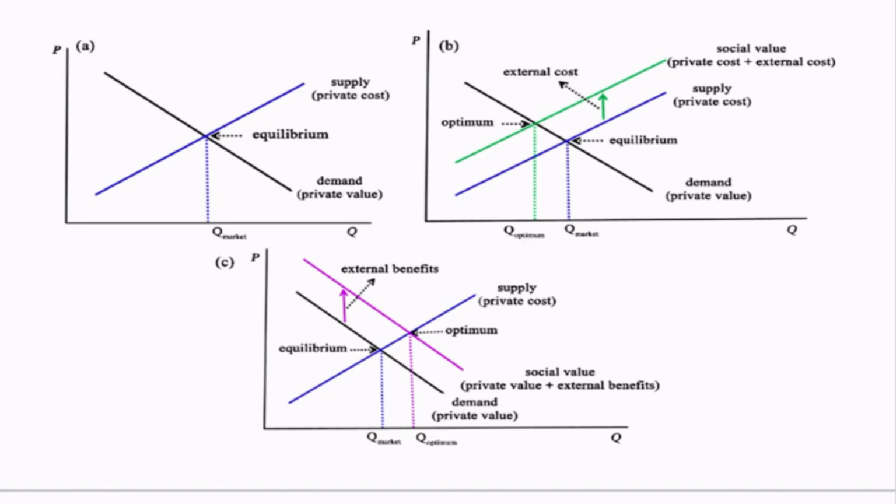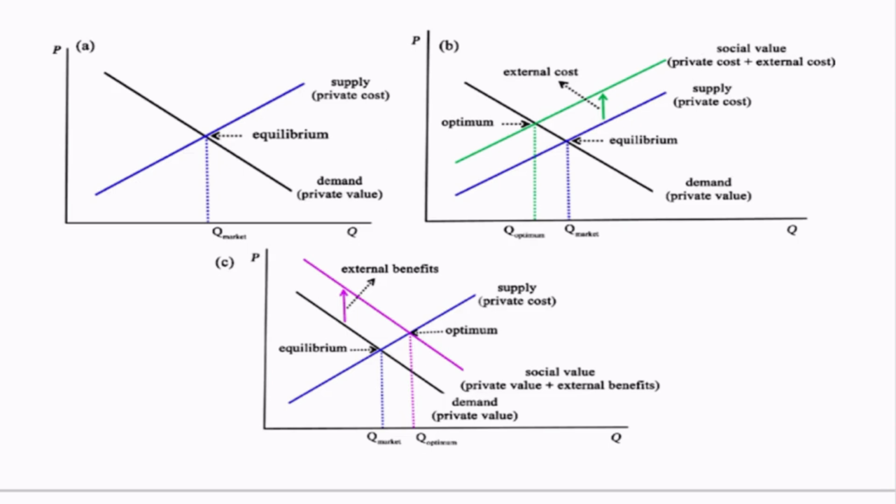If you want a better outcome by considering the positive externality of vaccination, then we need to incentivize the production and make sure the demand curve shifts upwards. When you see the demand curve, marked in red, shifting upwards, that gives us the social benefit, which is the private benefit plus the external benefit. When that shifts, you get a new optimum, a new Q, called the Q optimum.